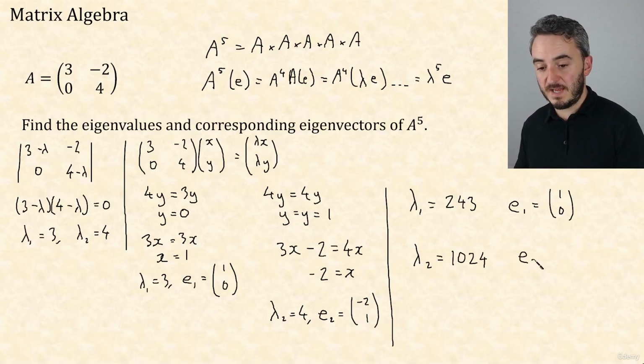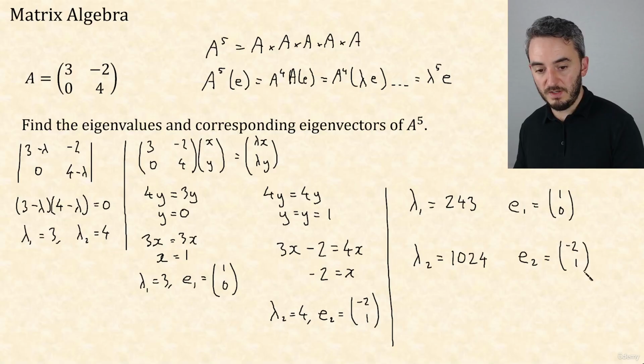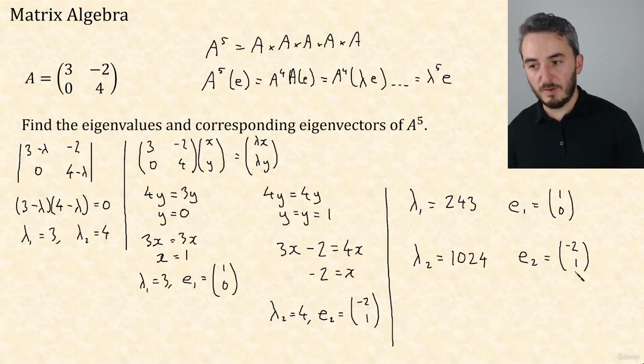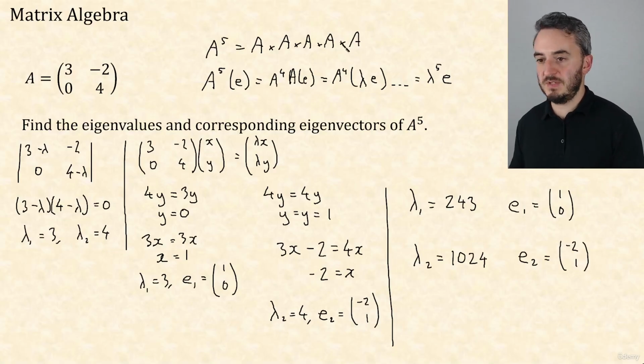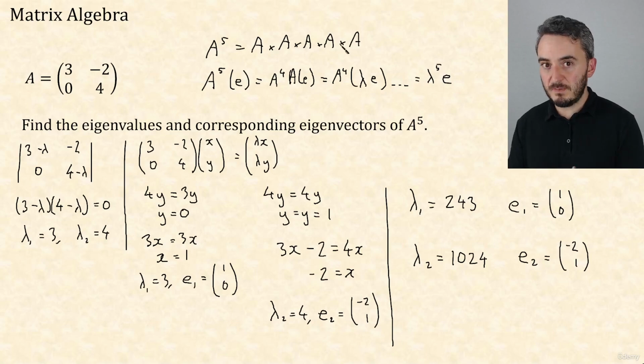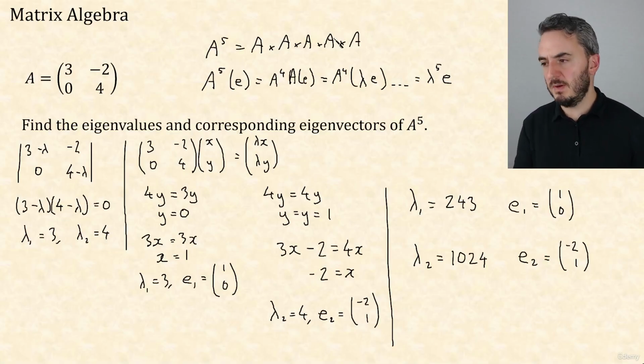And that has the same eigenvector as well. It's (-2, 1). So that principle, that multiplying a stack of matrices with the same eigenvector doesn't change the eigenvector, but just multiplies up the eigenvalue, can turn what would be a really complicated problem into a relatively straightforward one, not easy, but relatively straightforward.